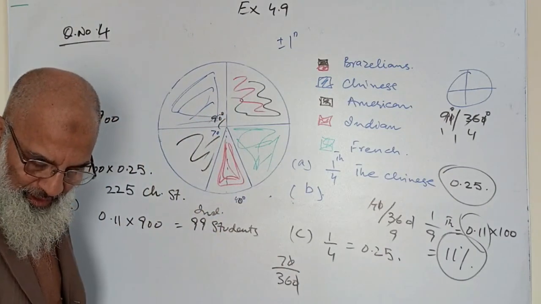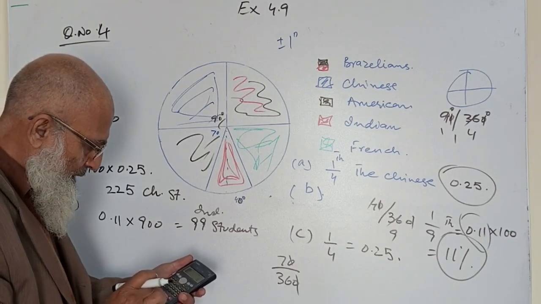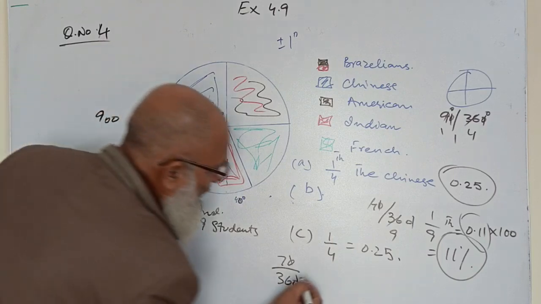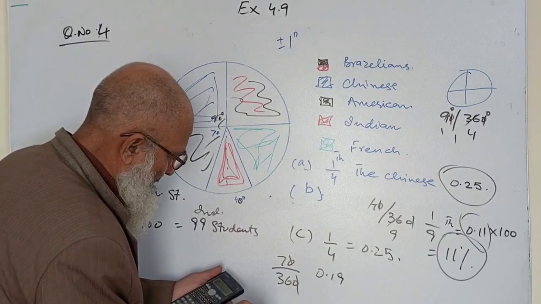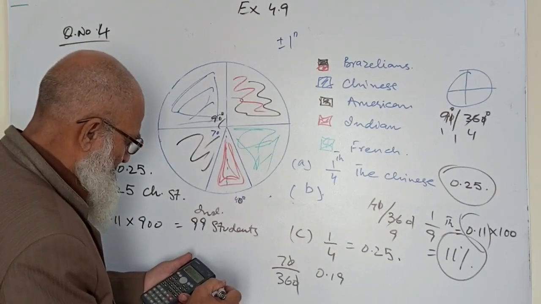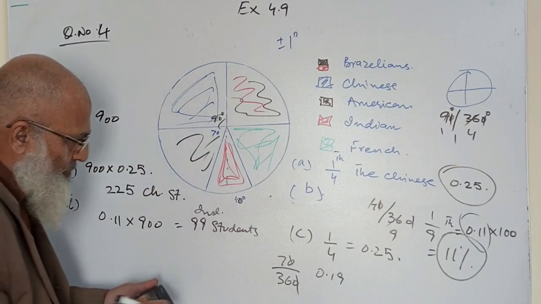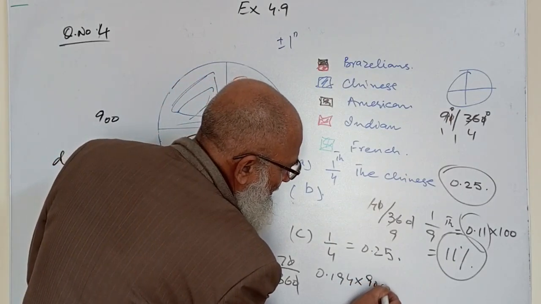Okay, so it will become 70 divided by 360, 0.194, and then you will multiply it by 900.